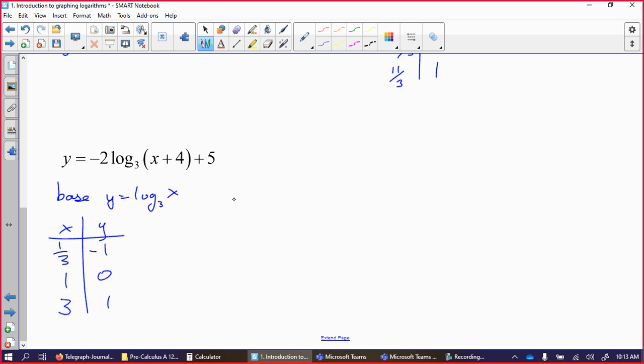So we have a vertical stretch of 2, a horizontal translation of negative 4, a vertical translation of plus 5, and a reflection, because we're changing all of our y coordinates.